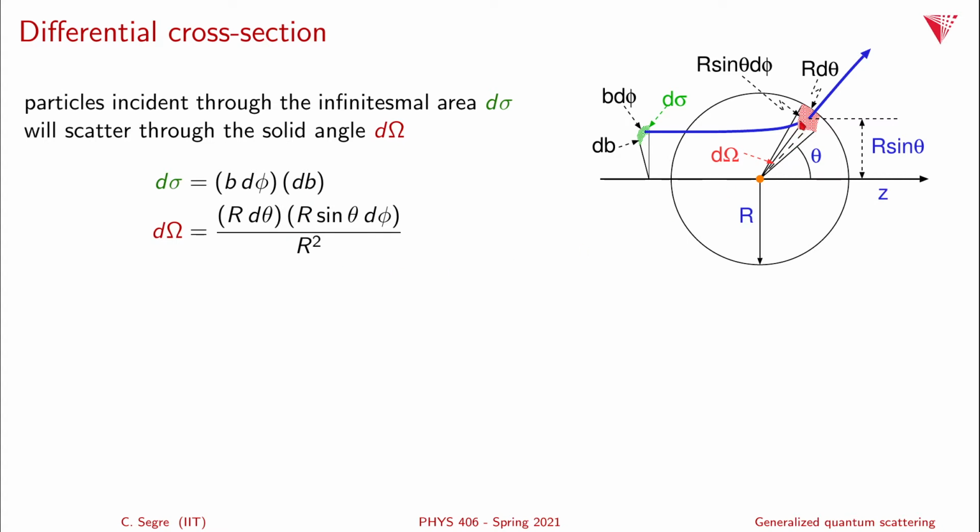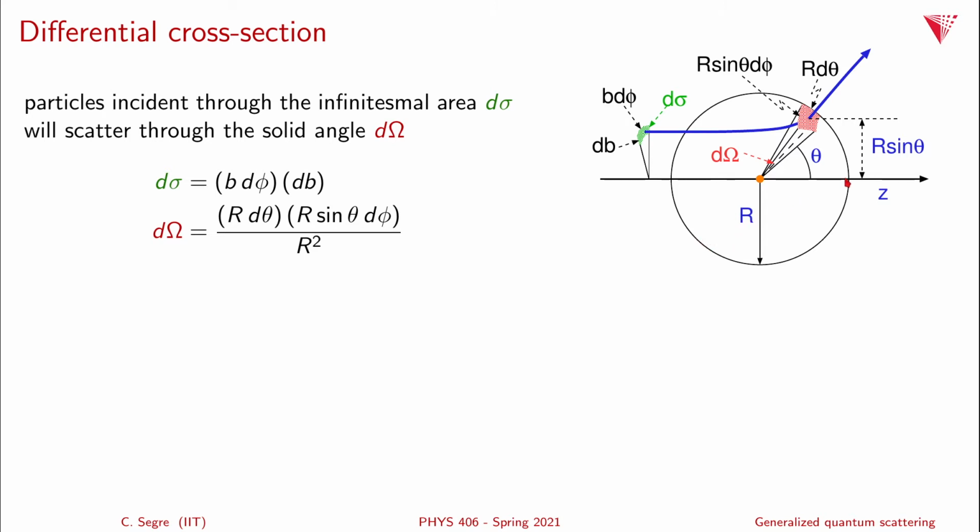The solid angle on the outward scattering side is equal to the area of this rectangle here in red divided by the radius from the scattering center squared. Because this is an area, you divide it by the radius squared to get the scattering solid angle.